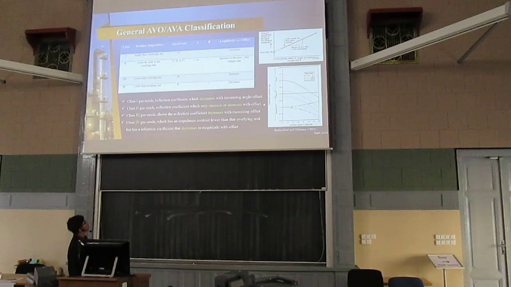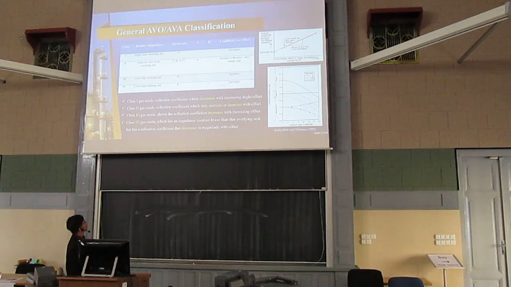The second class is characterized by small amplitude, and it may increase or decrease with the offset. Class 3 is characterized by negative amplitude, and it will increase with the offset. And in class 4, the reflection coefficient or the amplitude decreases in magnitude with offset.